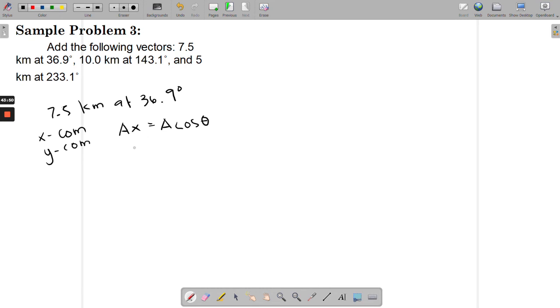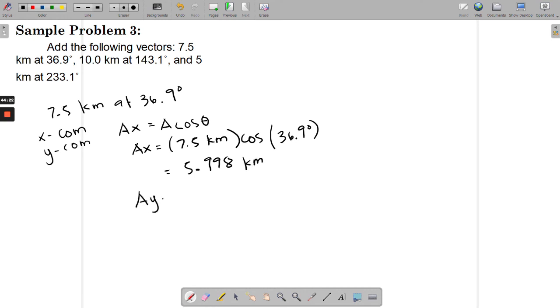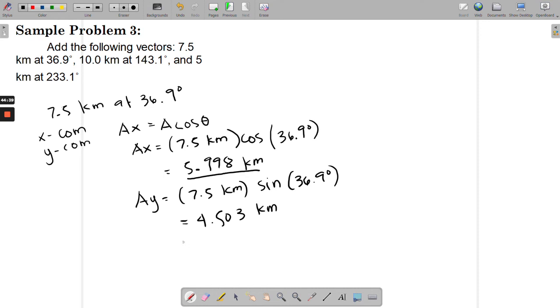So our x component is 7.5 kilometers times cosine of 36.9 degrees, and that is equal to 5.998 kilometers. For the y component, 7.5 kilometers, but this time we use sine 36.9 degrees, and the answer is 4.503 kilometers. So this is your x component and this is your y component.